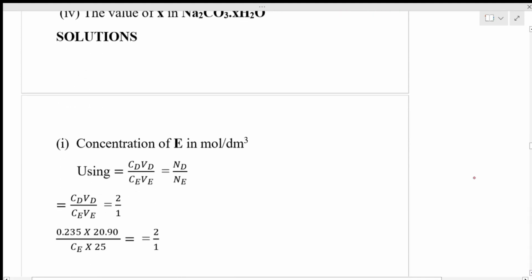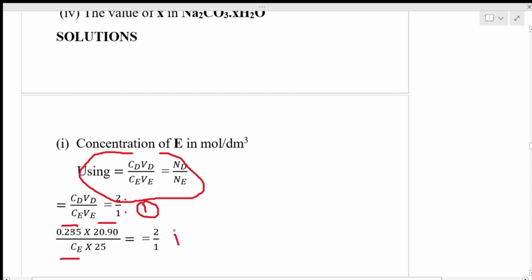To find the concentration of E in mole per dm3, I'm using this formula. Of course, I have my ratio of acid to base. I'll just substitute my values. Look at the given values, and look at my value for my volume of acid. I'm looking for the concentration of E. When I do all of that, WAEC normally will give me 1 mark here, for those of you that are conversant with marking, that's for the mole ratio.